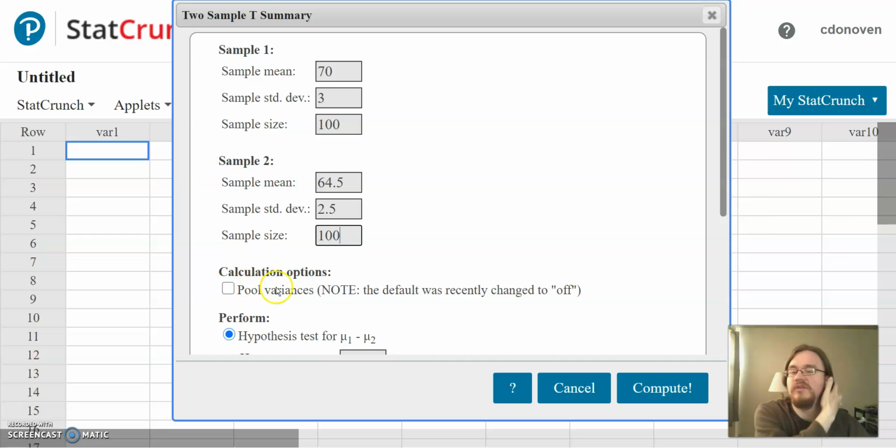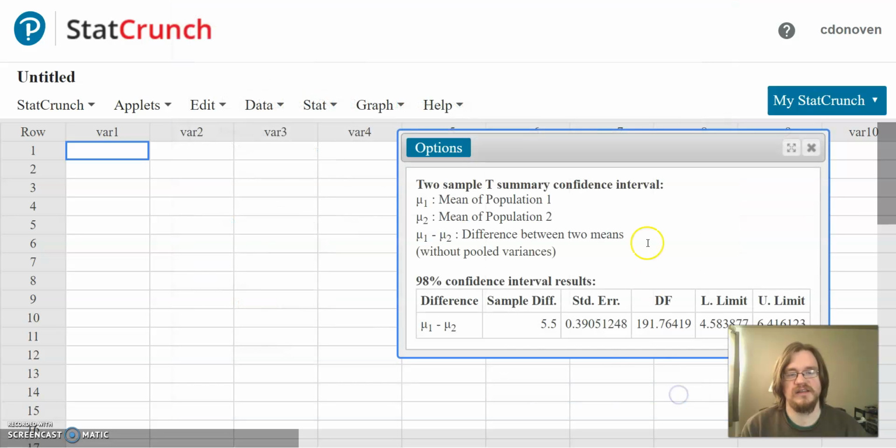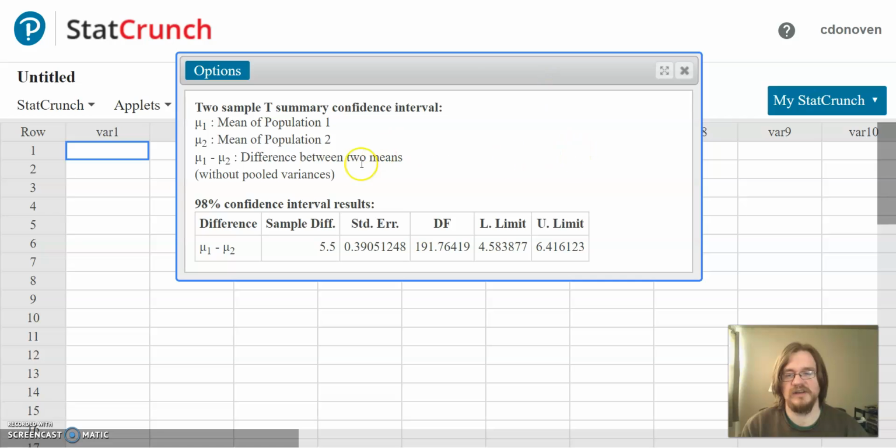We are not going to pool the variances because we're not going to assume that both men and women have the same standard deviations. They were different in our samples, for instance. We're not going to perform a hypothesis test. We want to perform a confidence interval. And our confidence level, which we just found, was 98%, as in 0.98. We can then compute this, and we get all of our statistics right here.